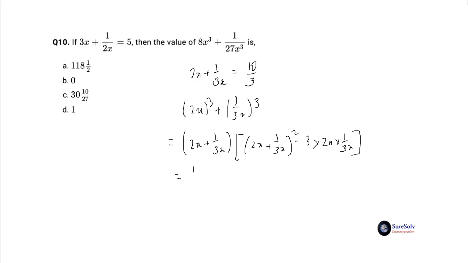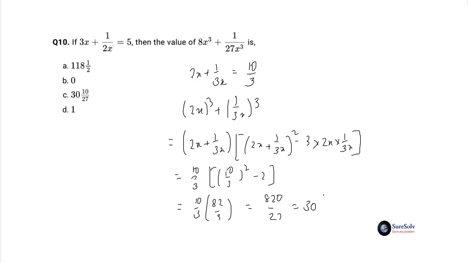Equal to 10 by 3 multiplied by 10 by 3 whole square minus 2. Equal to 10 by 3 multiplied by 82 by 9. Equal to 820 by 27. Equal to 30, 10 by 27.